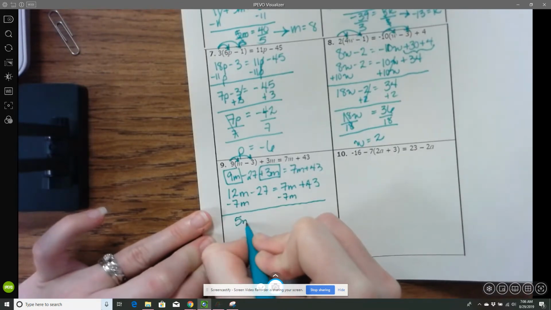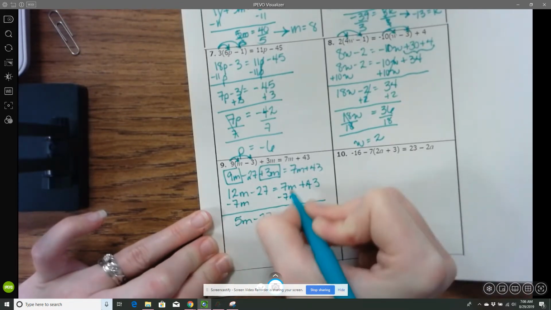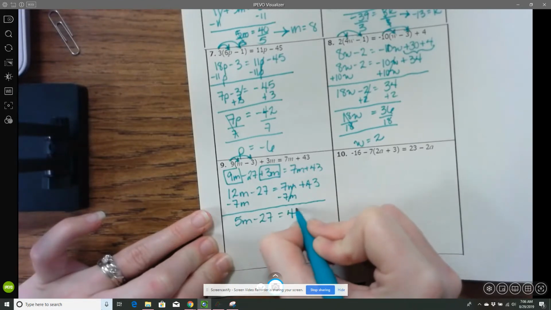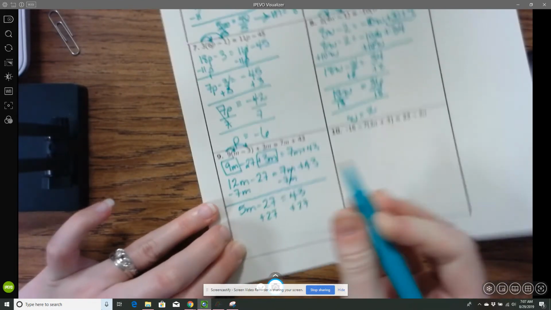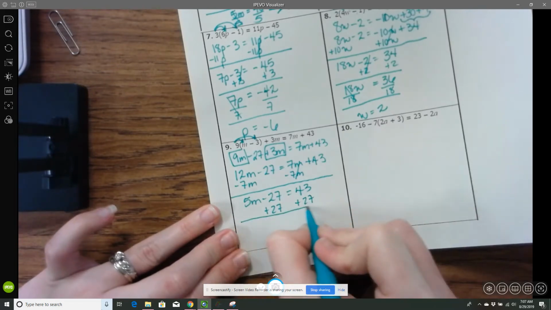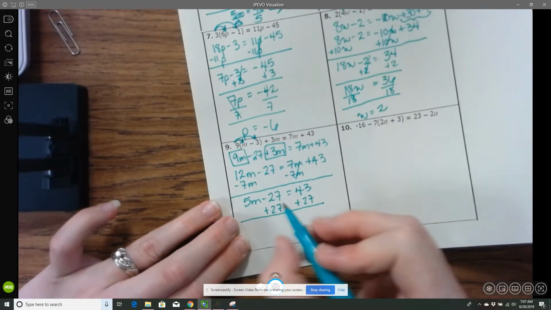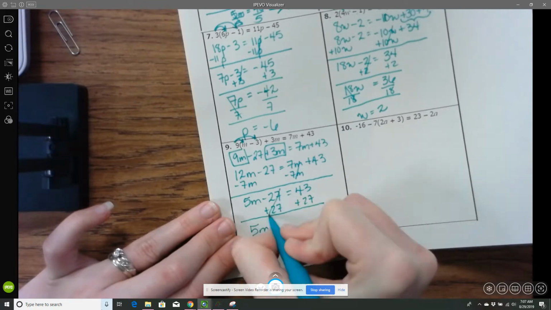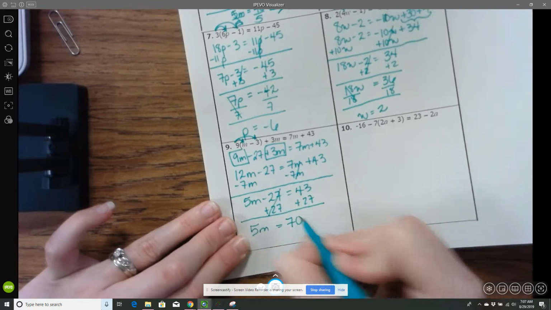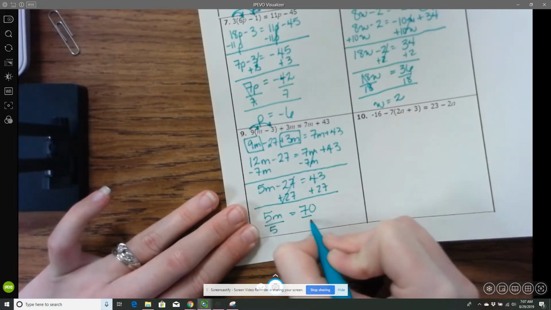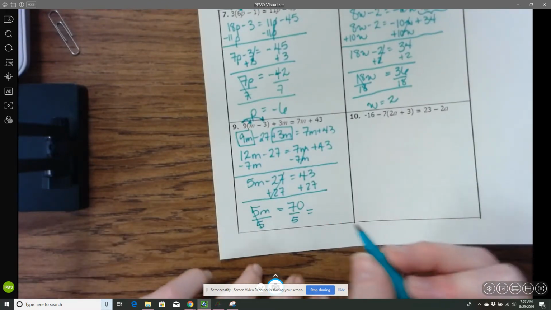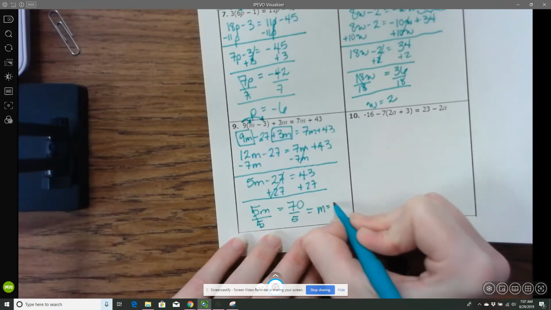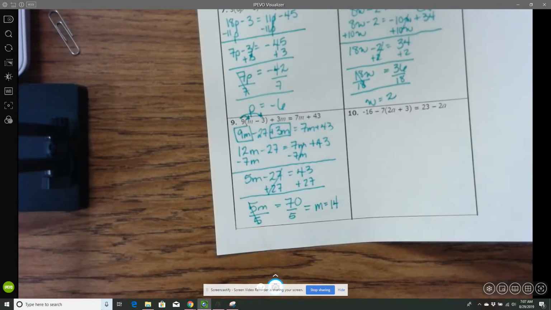So here I would get 5m. This cancels. Add 27 to both sides. And here I would get 70. That cancels. Divide both sides by 5. So 70 divided by 5 would be m equals 14.